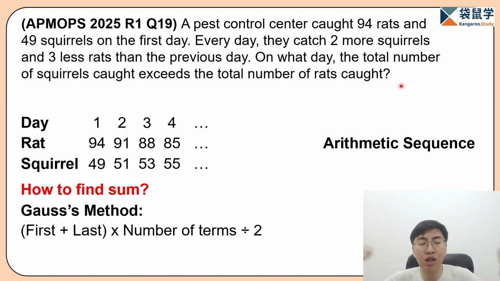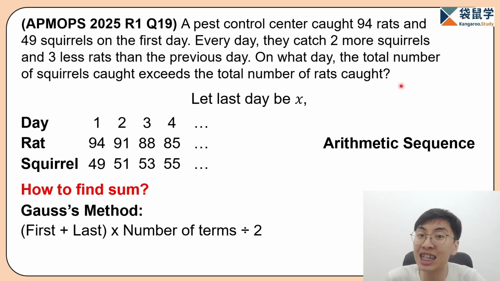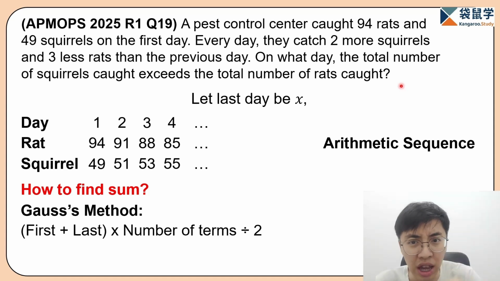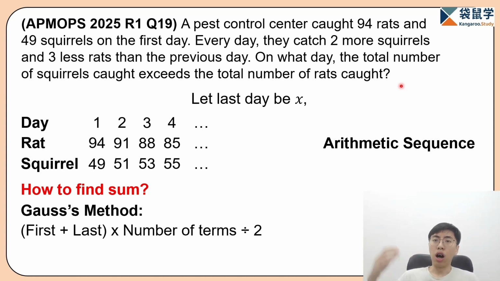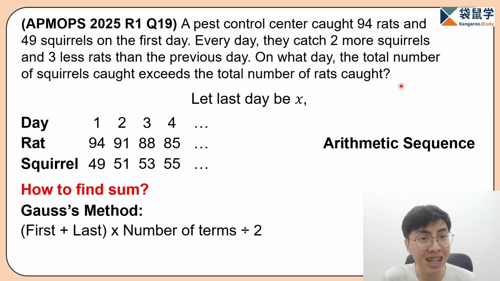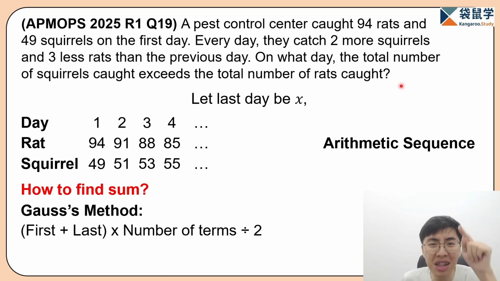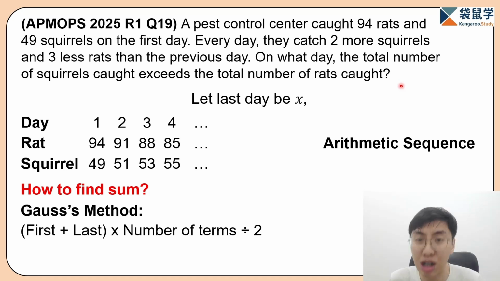So what can we do instead? Well, there's one simple way. We can let the last day be x as a variable. And if the day is x, how do I find the number of rats? We see every day it decreases by 3.